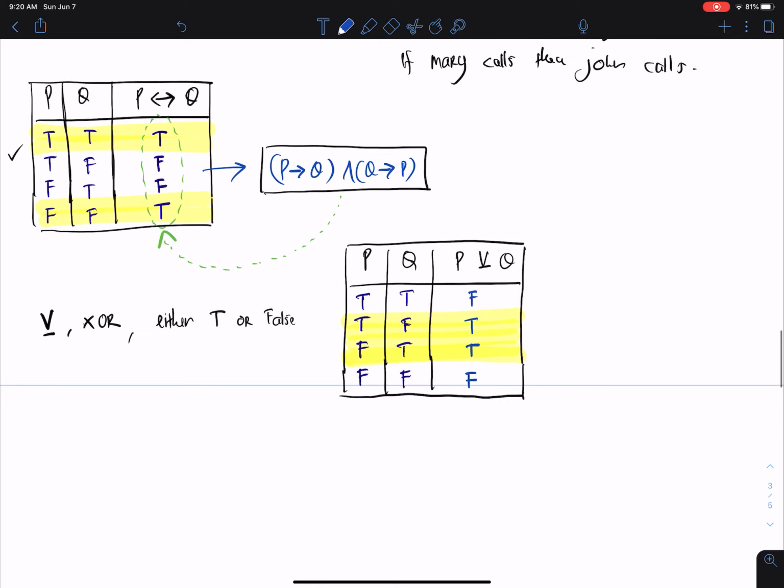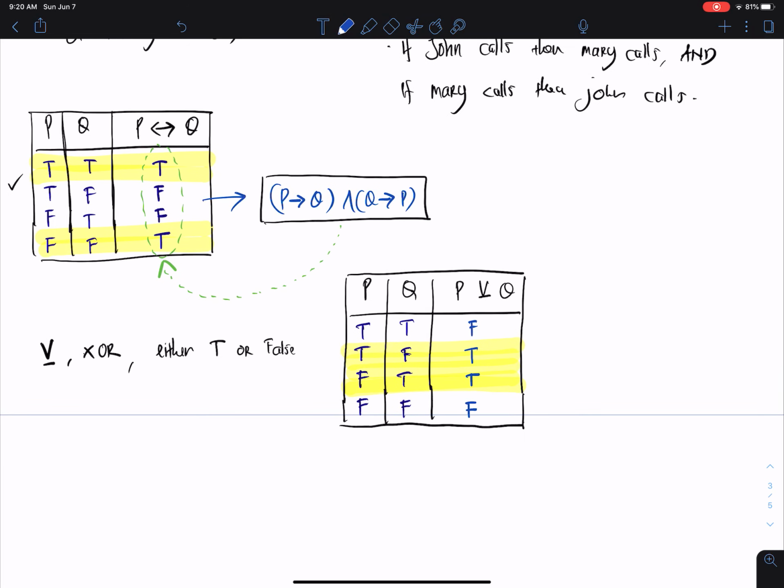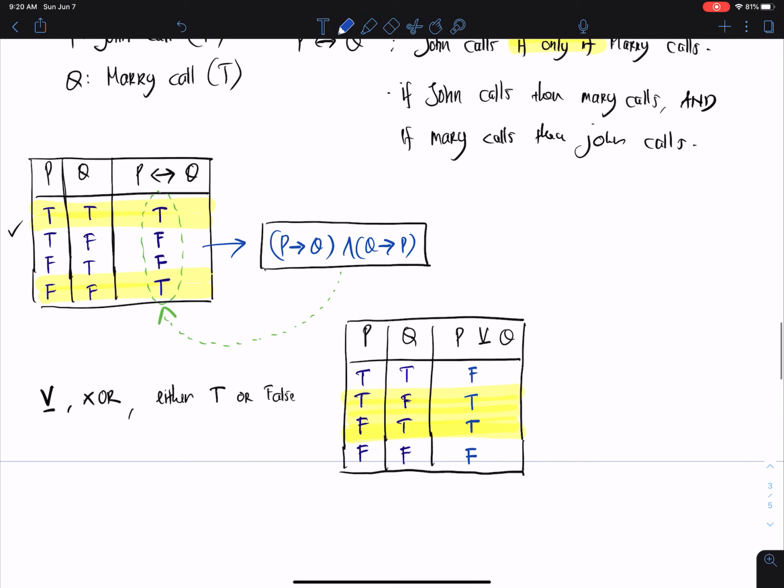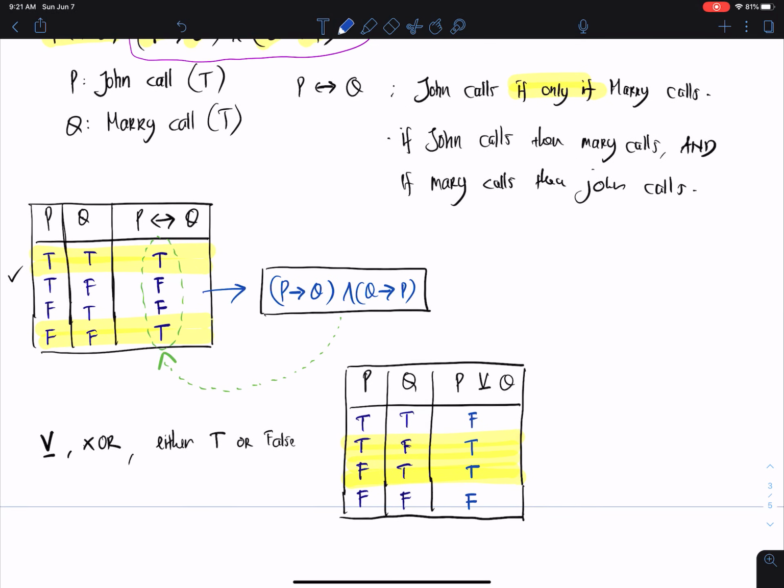So Biimplies and XOR are the other way around in terms of truth value rules. Of course, you can try to arrange your own examples for XOR, but this is how it is.